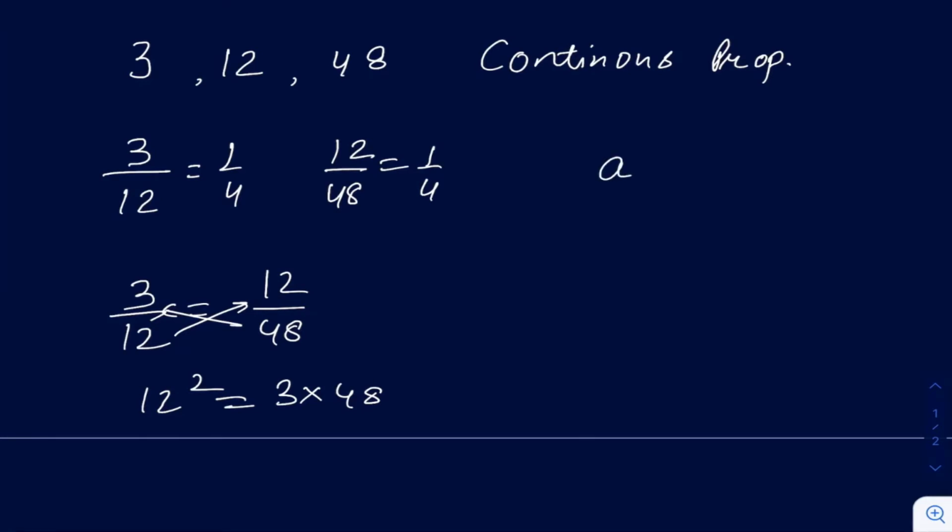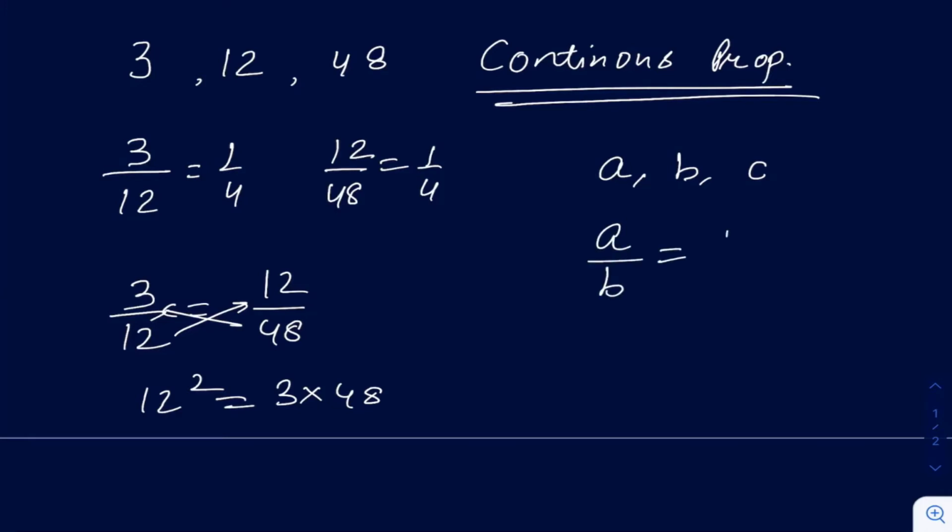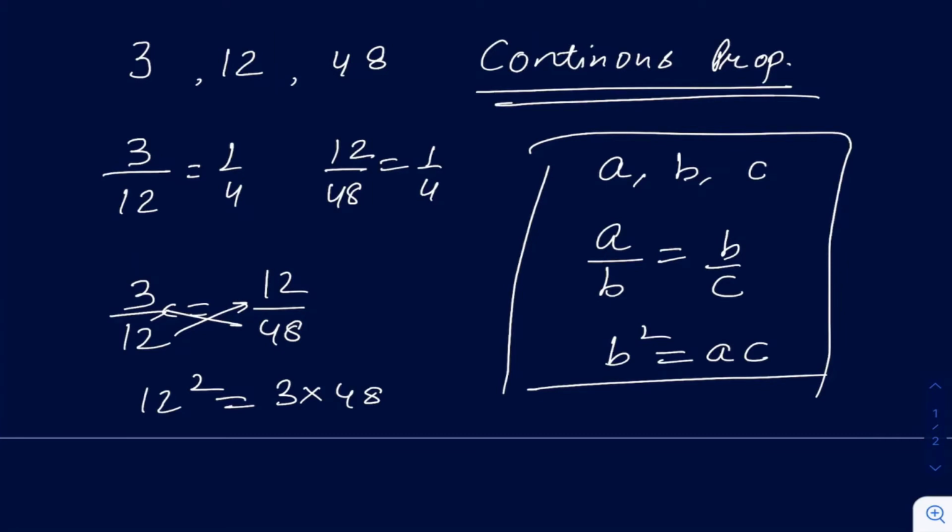If three numbers A, B, C are in continuous proportion, we can say A upon B equals B upon C, or we can say B square equals AC. So these two results we have to keep in our mind before we solve exercise 6A. Now come to exercise 6A.